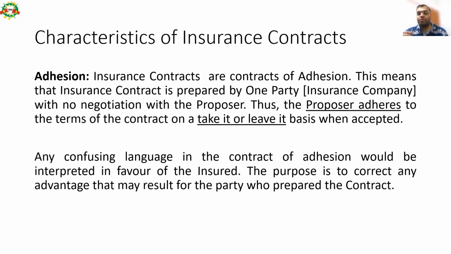Since the insurance company normally prepares these contracts, as per law, if any dual meaning words or statements which may have multiple meanings are given in the contract, their interpretation at the time of a claim will be done in favor of the buyer, the proposer or insured, because the contract was originally prepared by the insurer.